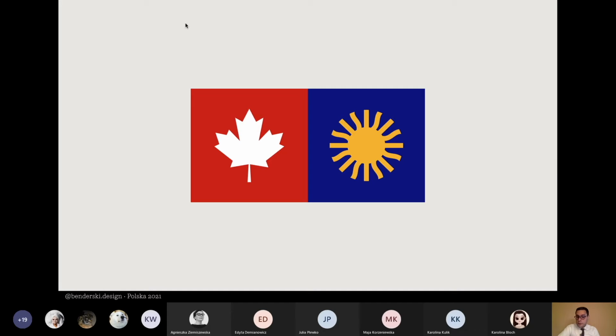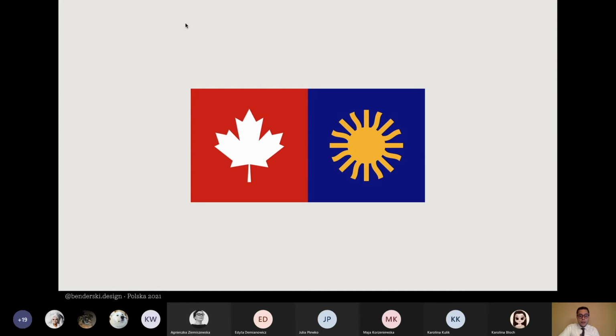Is it Canada and Uruguay, or Uruguay and Canada? It's a huge problem. We're talking about politics here, and you as a designer don't want to get in the middle of this problem. So look what I found as a way of not mentioning a country first. The symbol of Canada is the leaf, the maple leaf, and the symbol of Uruguay is the sun.